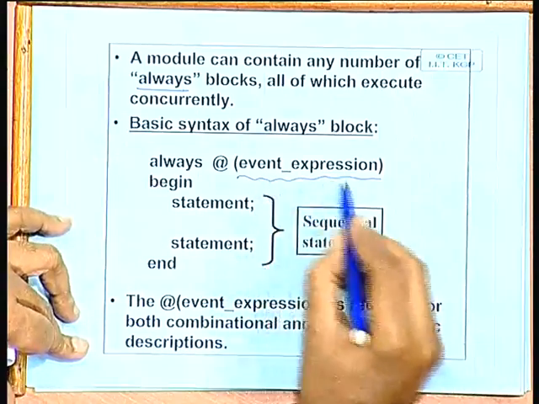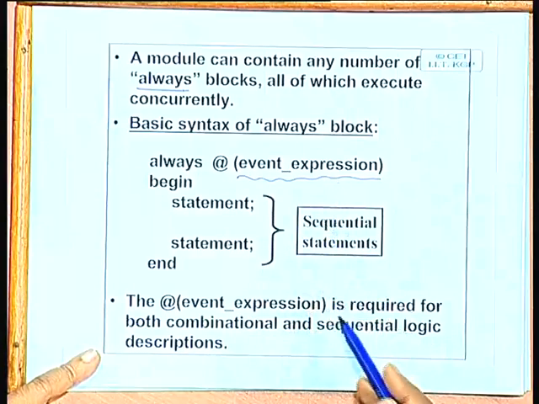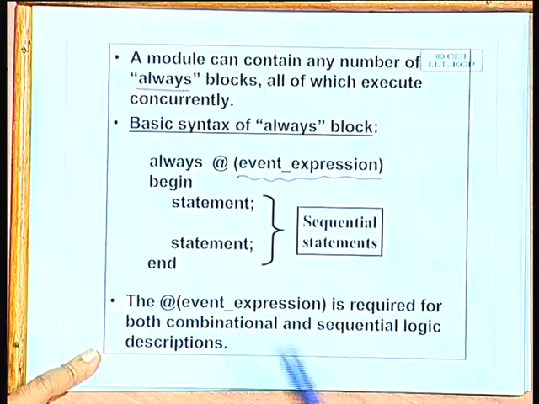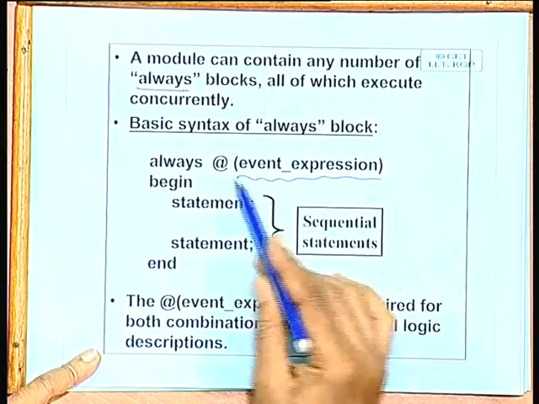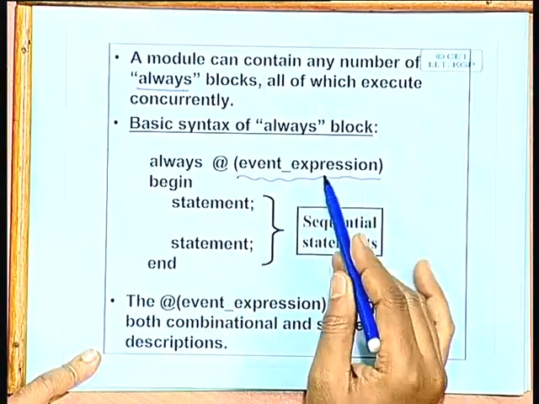This event expression, as we have seen in the earlier example, is given both for modeling combinational as well as sequential logic. For sequential logic, if an edge of the clock is specified, posedge clock or negedge clock, that implicitly means we are trying to synthesize sequential logic.